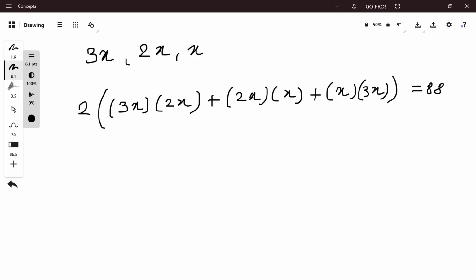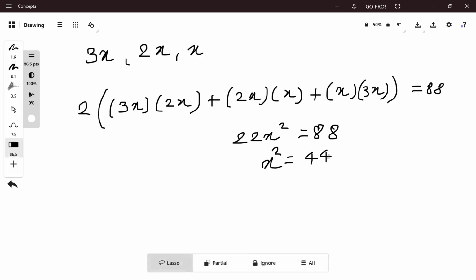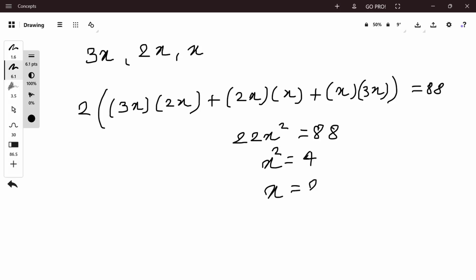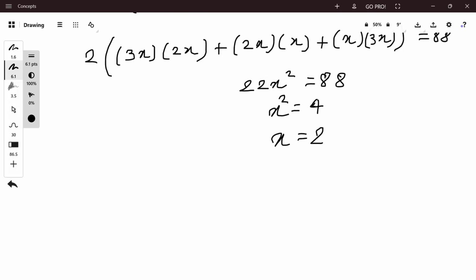That is 22x square is equal to 88. That is x square is equal to 4. That is x is equal to 2. The dimensions are L as 3x, that is 3 into 2, which is 6.